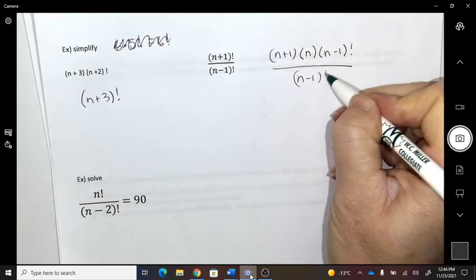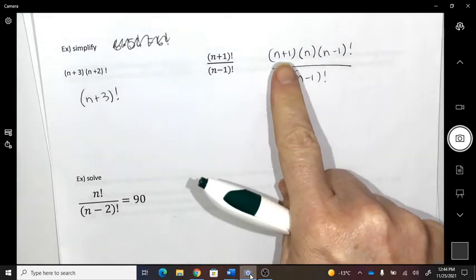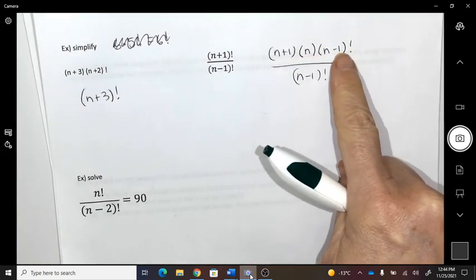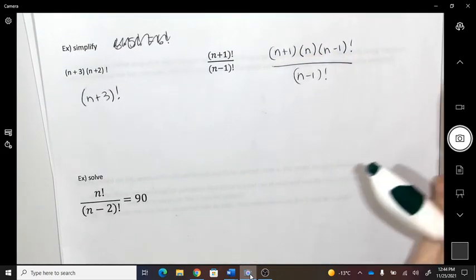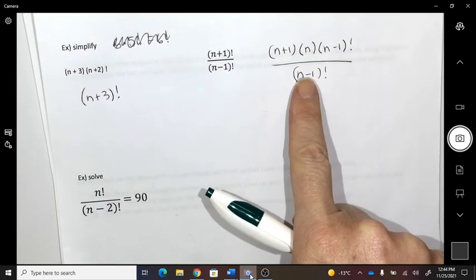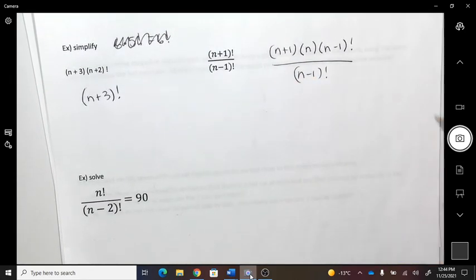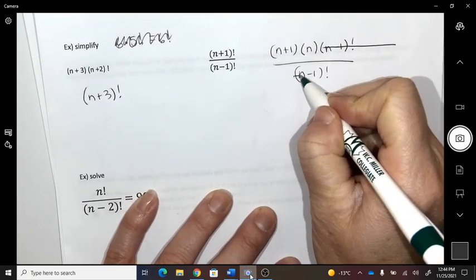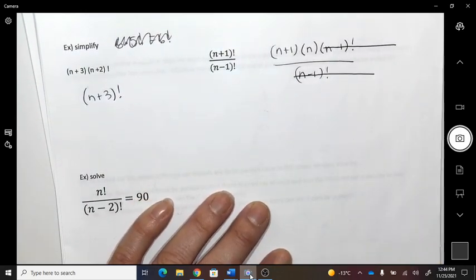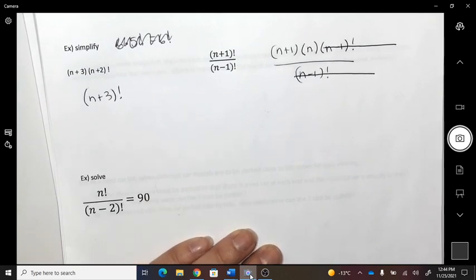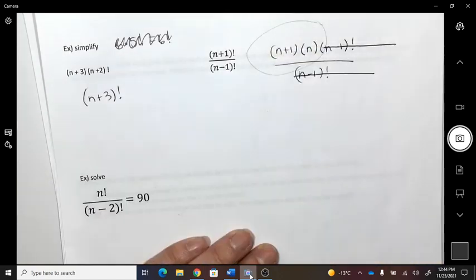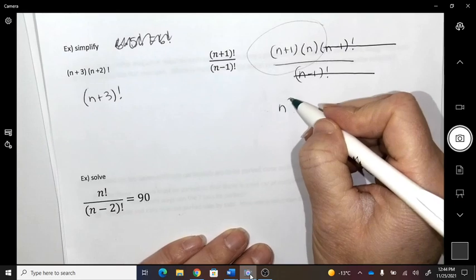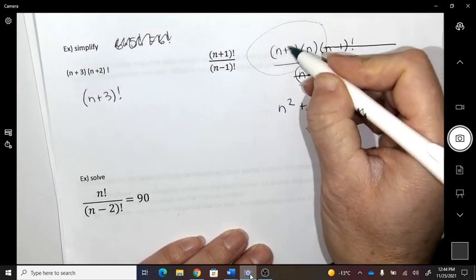Because look at my bottom. So this number times this number times and so on keeps going, but all these also keep going. Does it make sense that this number and beyond would cancel those numbers and beyond? So how do I simplify something like that? N squared plus n.